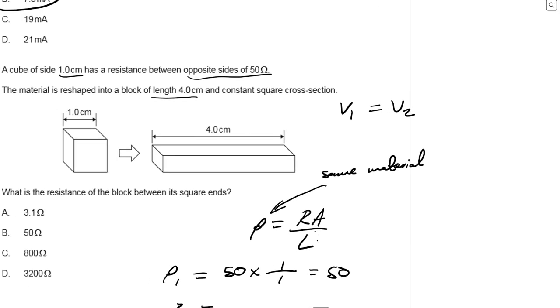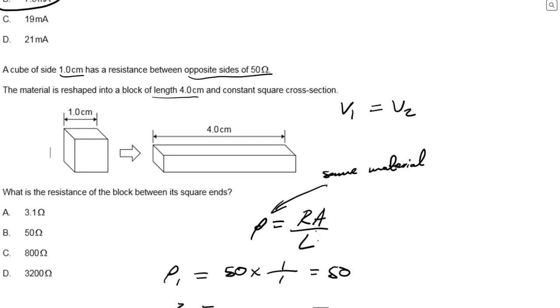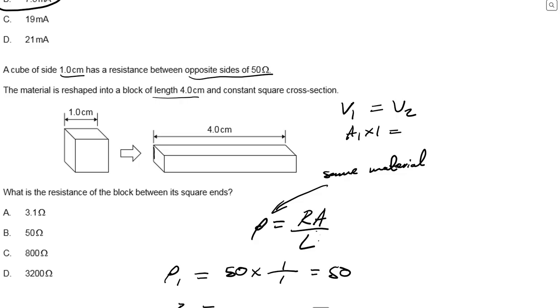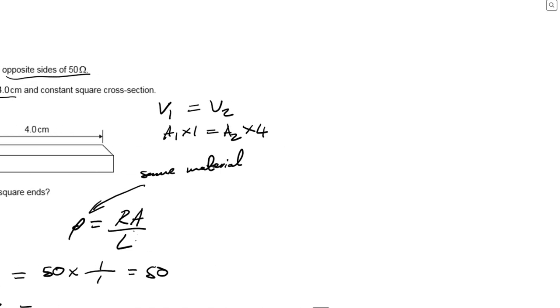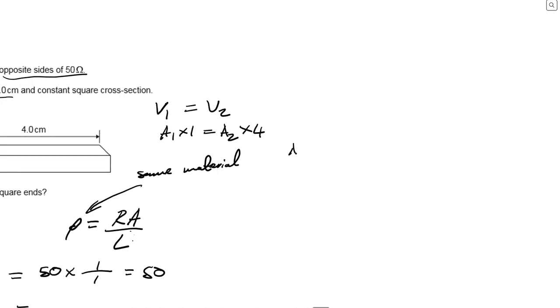Our volumes are just our cross-sectional area times our height. So area of 1 times 1 is equal to our area of 2 times 4, right? It should be equivalent. And so what we have is area of 1 over area of 2 is equal to 4.